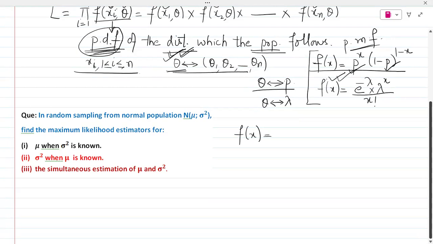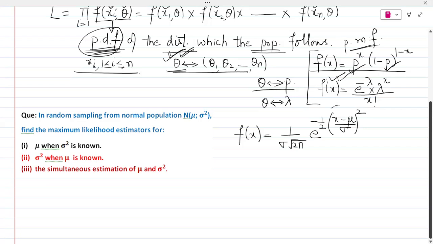That is 1 by sigma root 2 pi, e to the power minus half, x minus mu divided by sigma, whole square. So this is the PDF of the normal distribution.